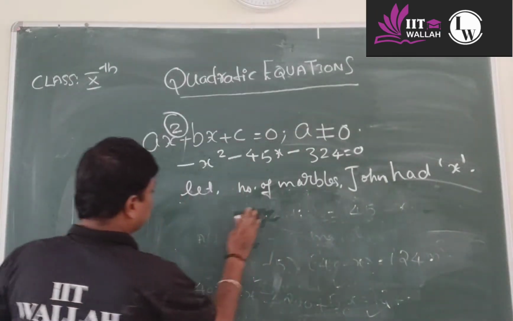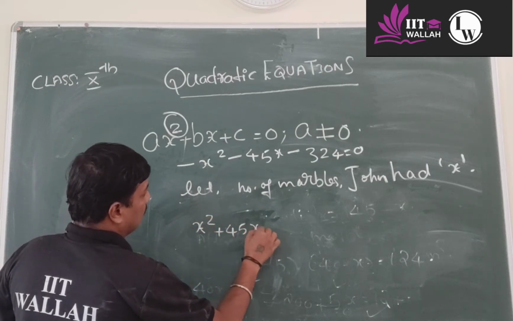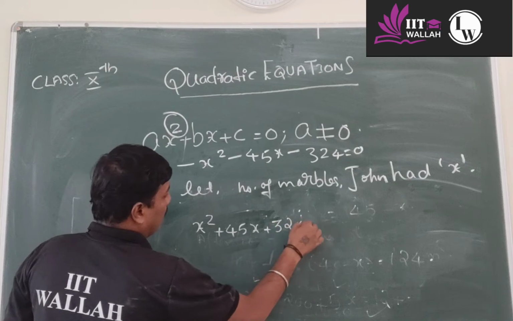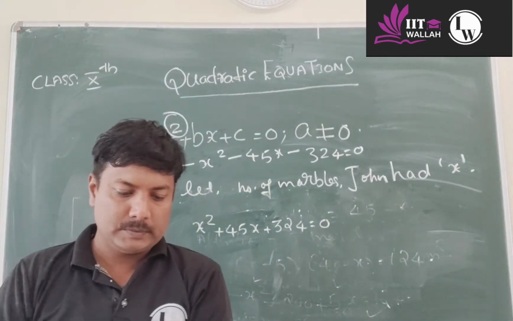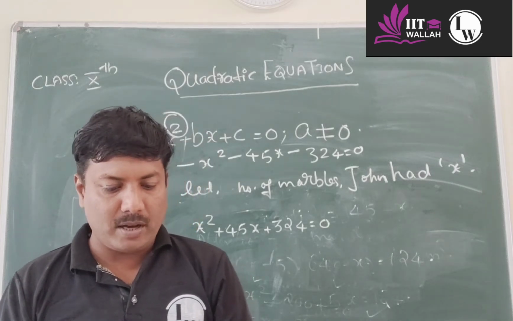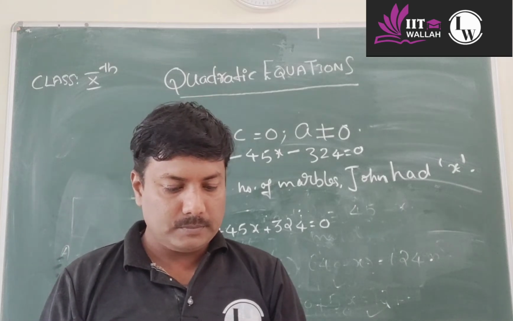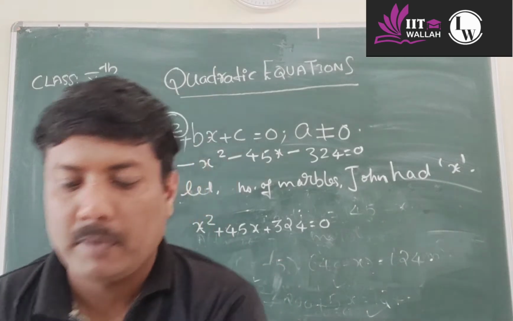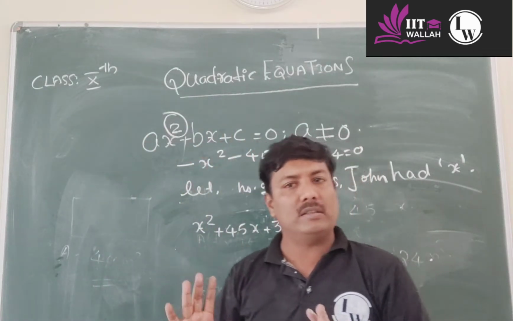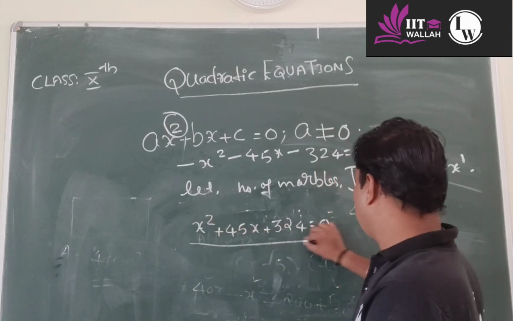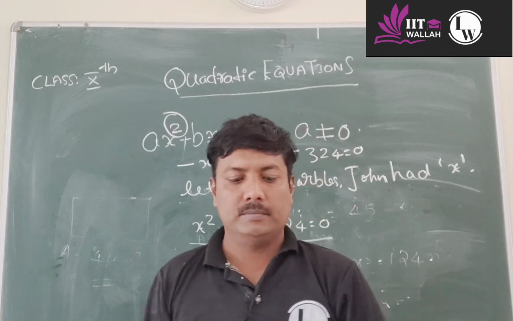So we will get x square minus 45x plus 324 is equal to 0. Here we are asked to form this quadratic equation only, not to solve it. So this is the answer for that. You might have understood very clearly.